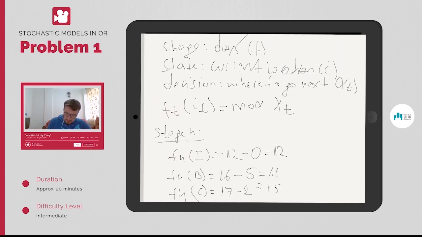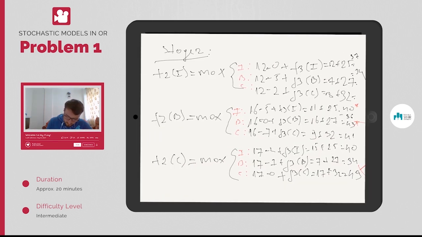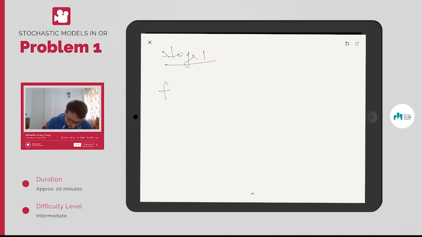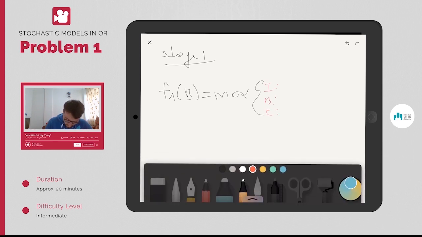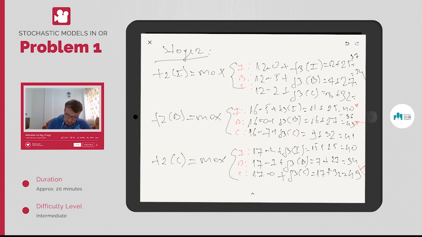So in this scenario, I am here. By spending a day in Bloomington, I earn $16.